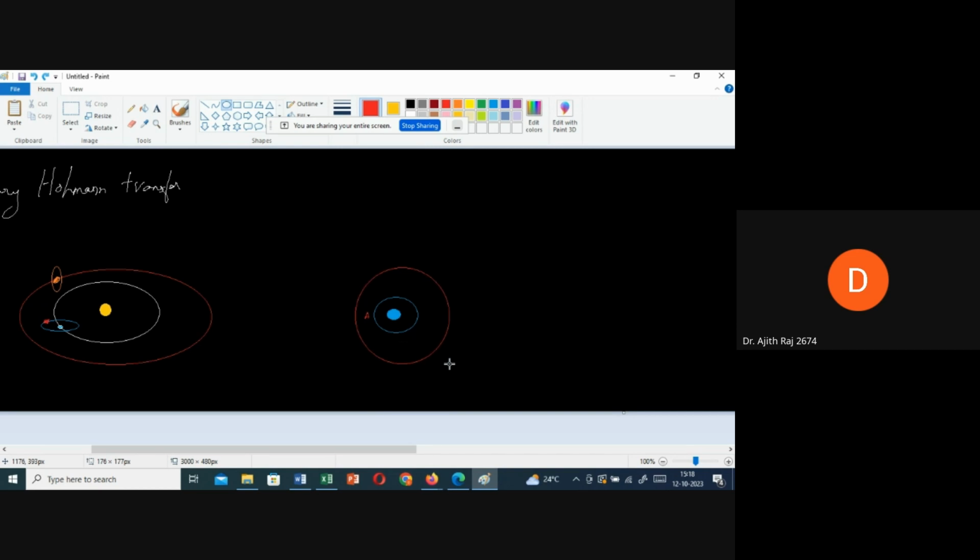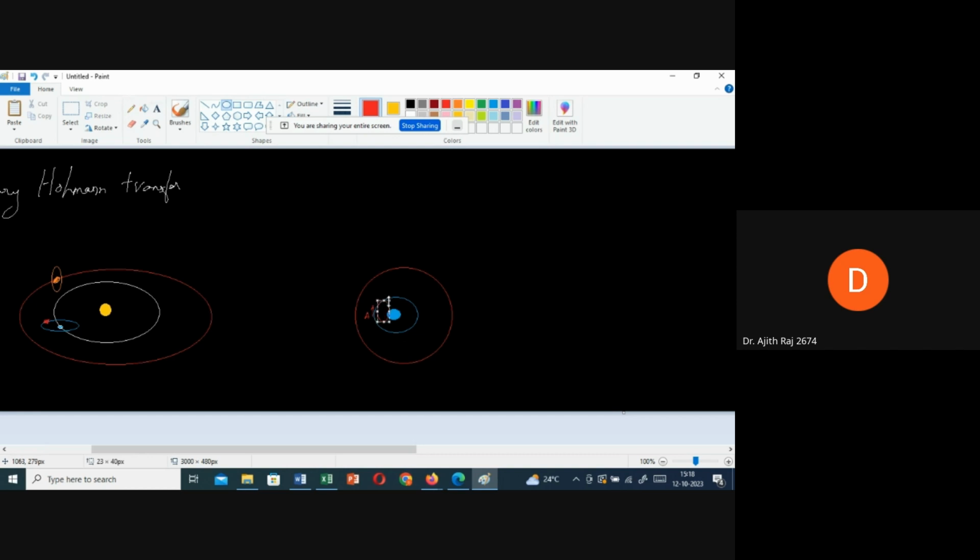This was your mission. So to achieve this, in the previous stage, you gave a velocity kick in this region, right? You gave a velocity kick over this region and converted from this circular orbit to an elliptical orbit, right?